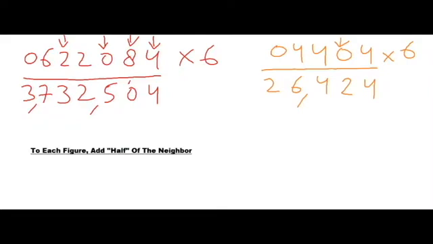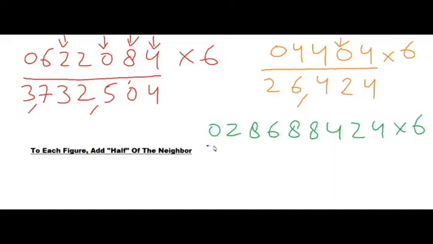And let's do one more example and then we'll move on to the next part. So let's say we are multiplying 2, 8, 6, 8, 8, 4, 2, 4 by 6.